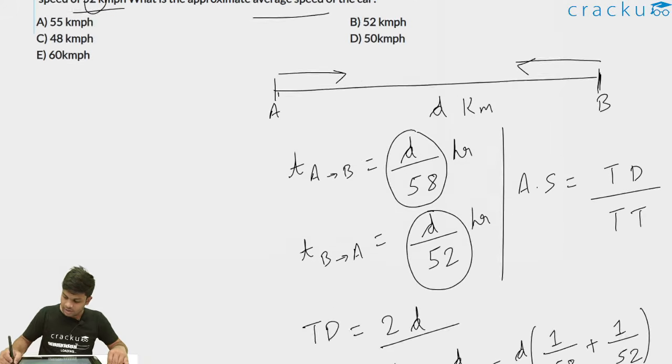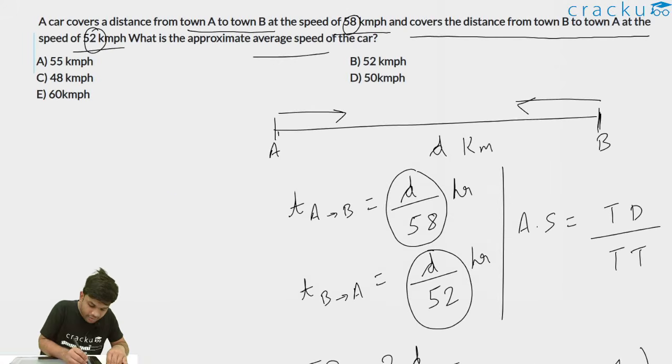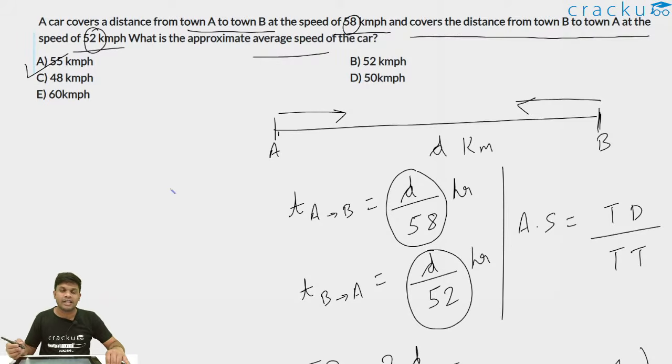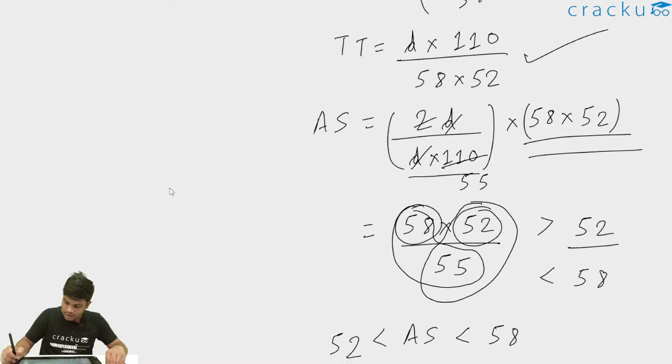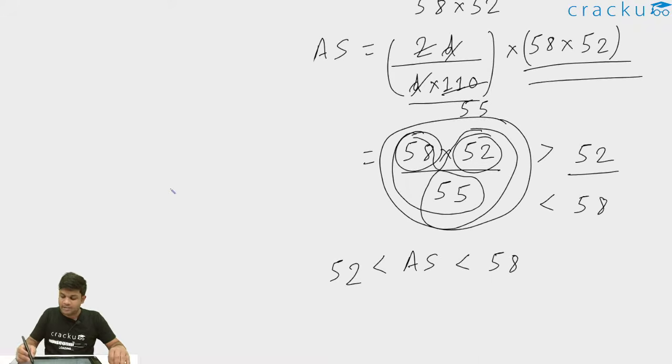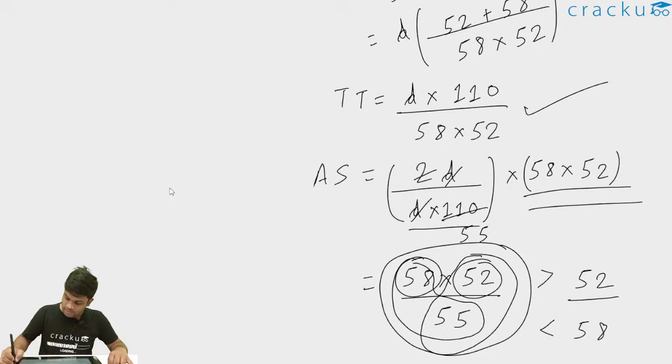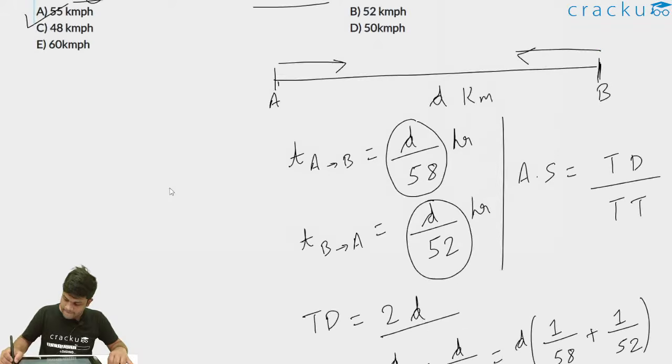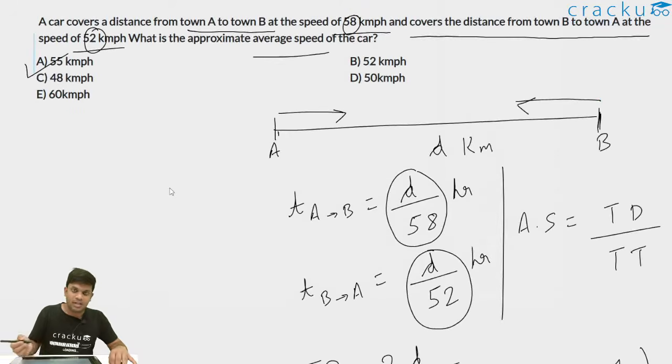So you will get an answer of 55 because it is the only case possible. You can also use a calculator to calculate this part. I have just taken the inequality to solve this question. So the answer is option number A.